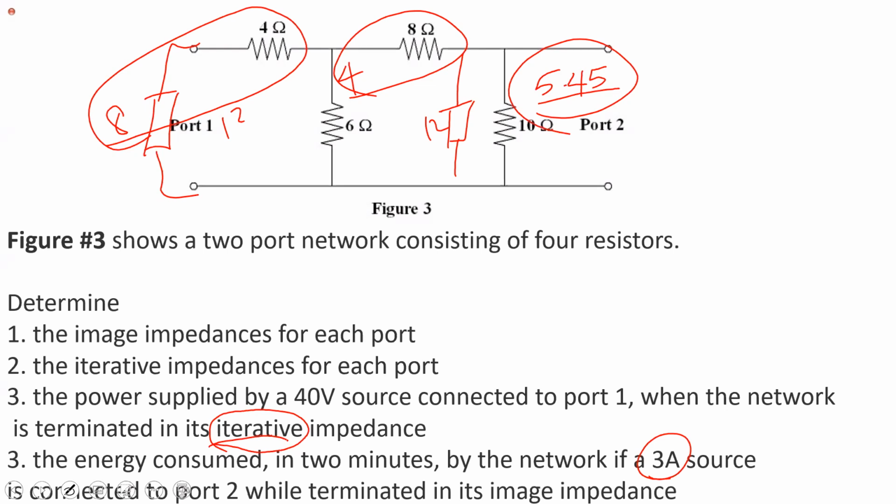All right. So, as we said, if this is my network and I terminate it in its iterative impedance, if I come around here and measure the impedance, I'm going to get Zi.